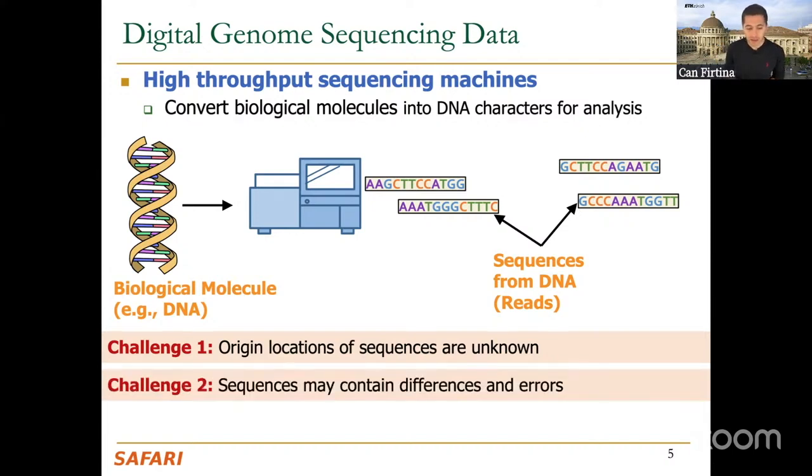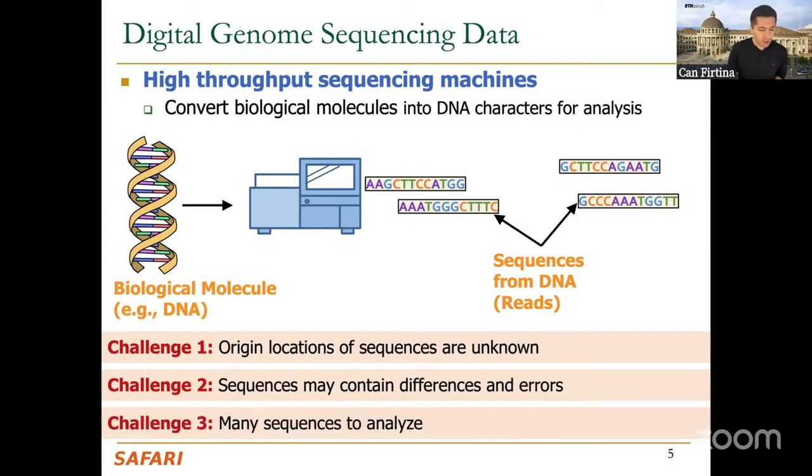Second, these sequences, once they are converted into their digital form, may contain errors. These errors may be introduced by the sequencing machines themselves due to noise or technological limitations, or by the later computational parts, for example, that translate this raw data to the individual bases.